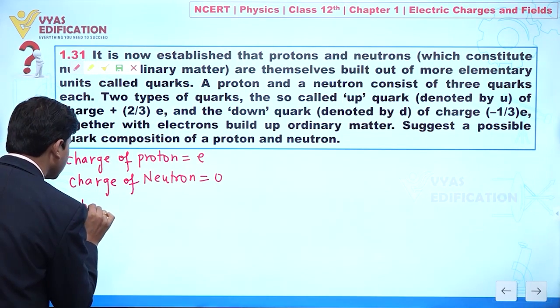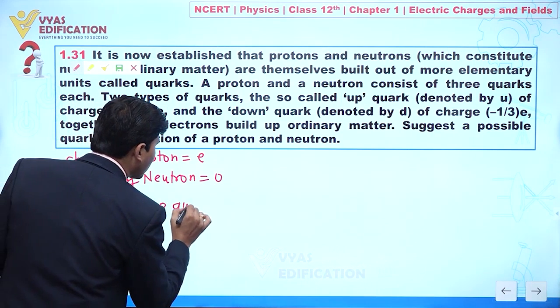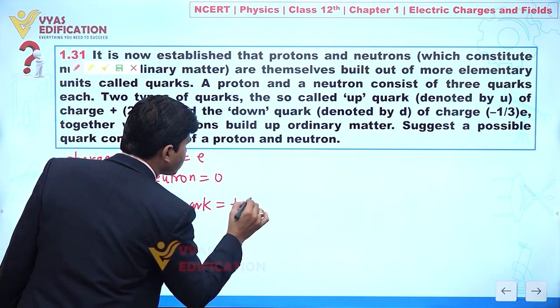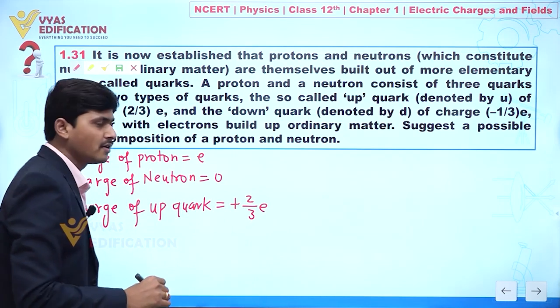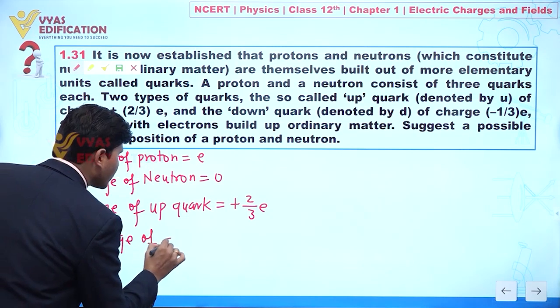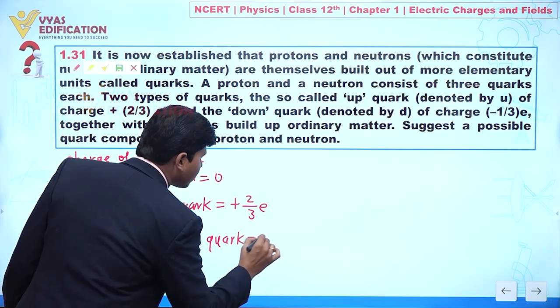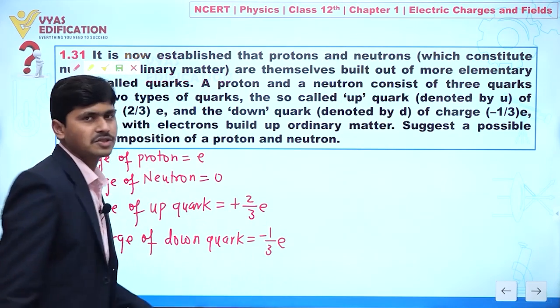In this question, the charge of an up quark is equal to plus 2 by 3 e, and the charge of a down quark is minus 1 by 3 e.